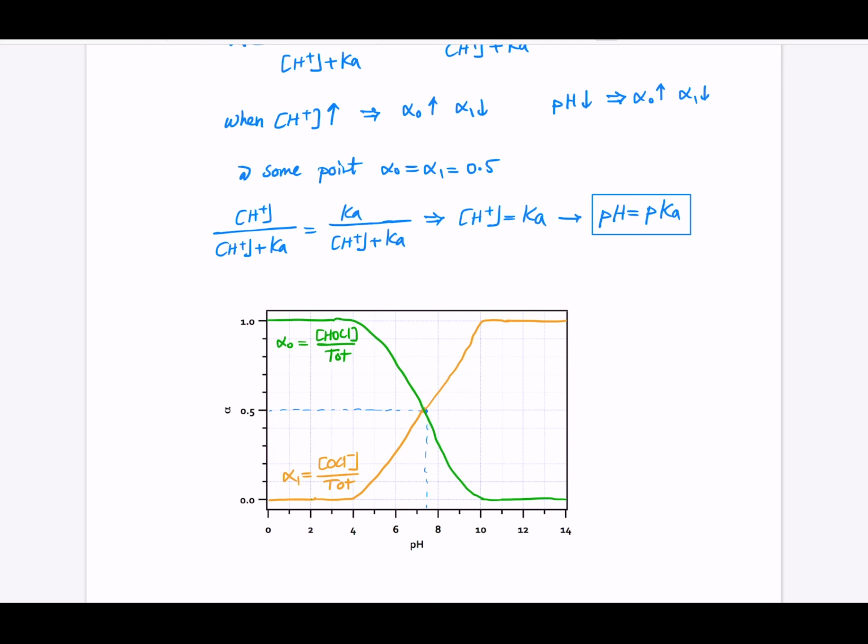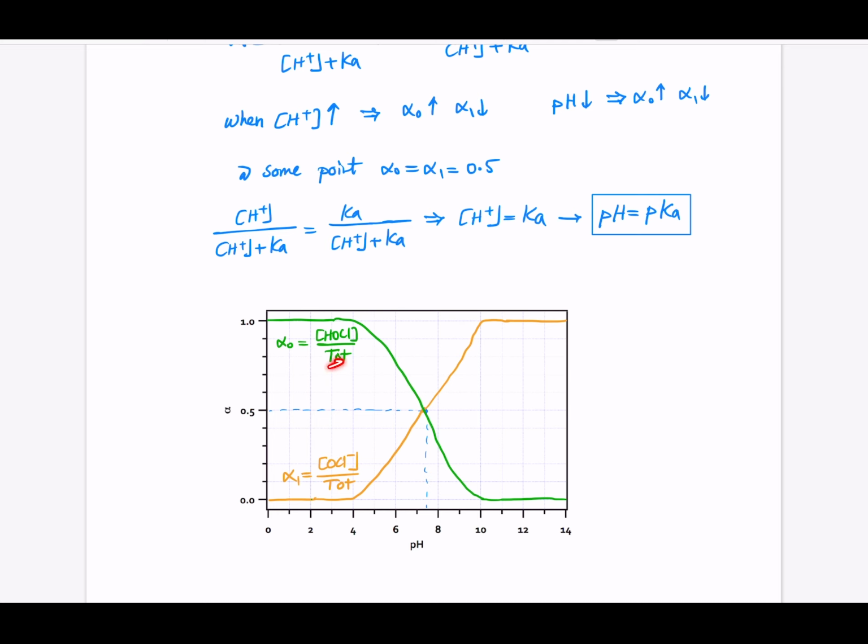So by knowing this information, that at this intersection the pH value corresponds to pKa. And if it's more than one pKa, it would be pKa1 and then pKa2. Make sense? So that's one very important piece of information from this graph. The other information is that alpha 1 is an indicator of the concentration of HOCl, the most protonated version.